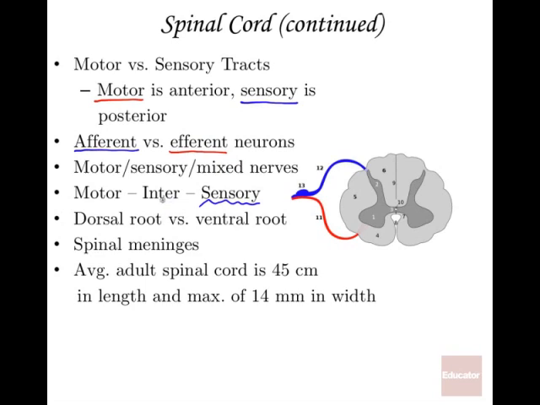Then you have something called interneurons, which will connect the sensory and motor parts together. It's kind of like the go-between, the middleman. So the interneuron, you're going to find that a lot in the spinal cord. It's what connects the sensory to the motor. So your ability to react to some kind of stimulus, some kind of sensation, has to do with the sensory communicating with an interneuron that then commands certain motor neurons via neurotransmitters to send out a signal to allow you to react to it.